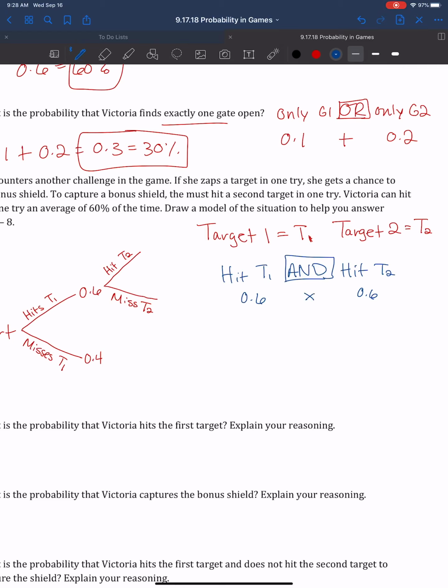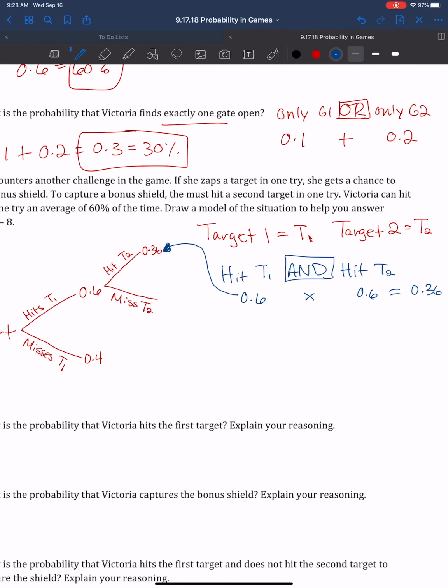So 0.6 times 0.6 is going to give us 0.36. So that is what is going to go right here.